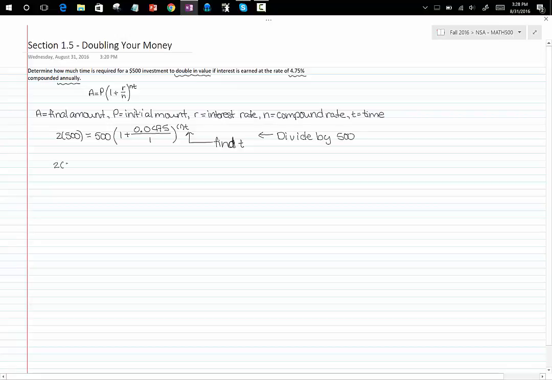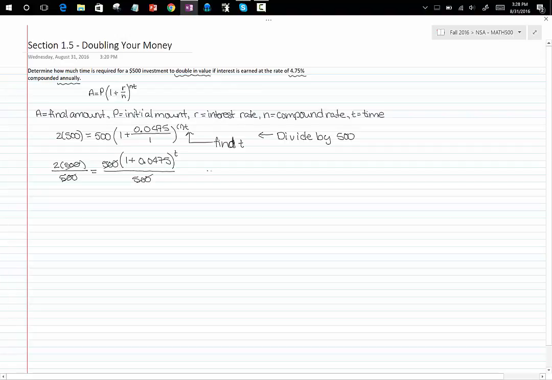So you have 2 times 500 divided by 500 is equal to 500 times 1 plus 0.0475 divided by 1, which is just 0.0475, to the t-th power, divided by 500. 500s cancel out here, 500s cancel out here.